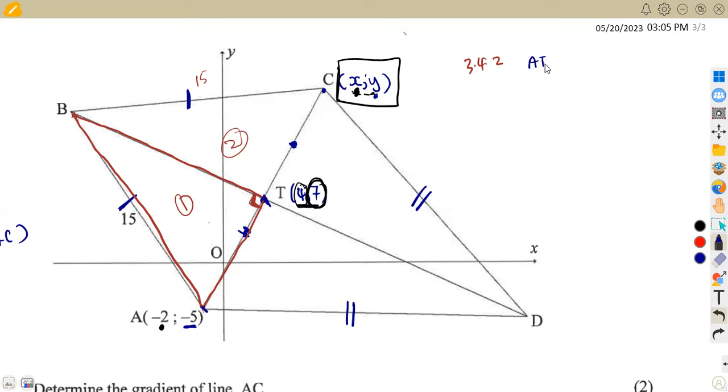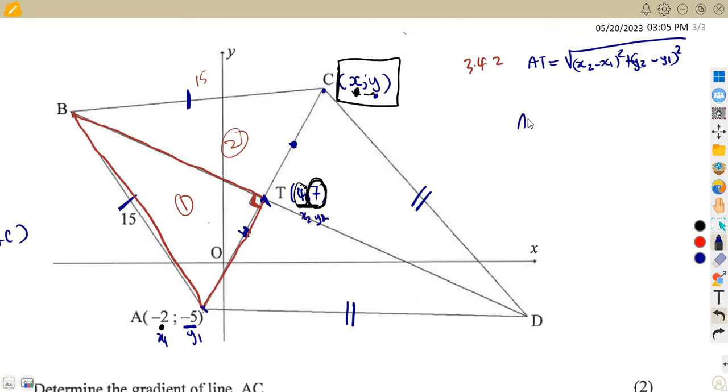So let's calculate AT. The length of AT from our distance formula, or length formula, is the square root of (x2 minus x1) squared plus (y2 minus y1) squared. So we can just say this is x1, y1, and this is our x2, y2.